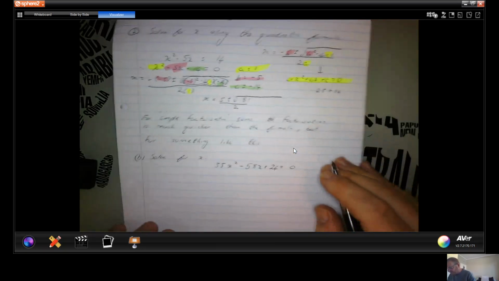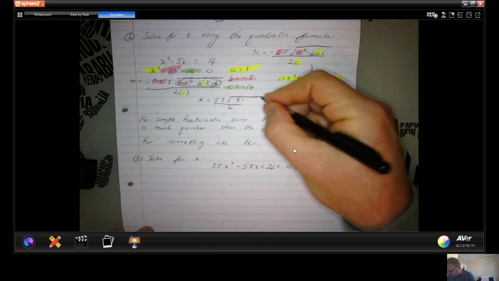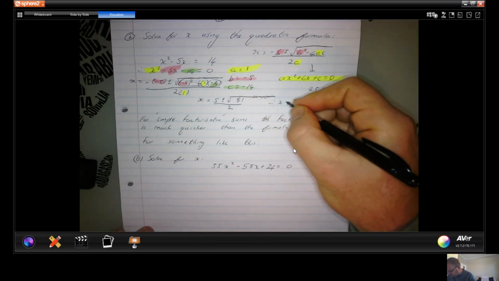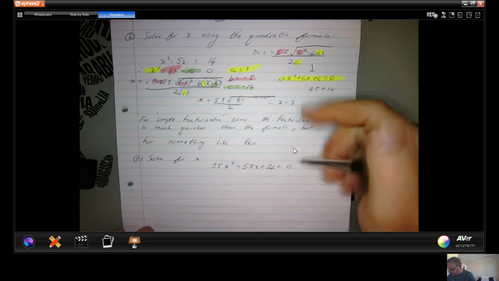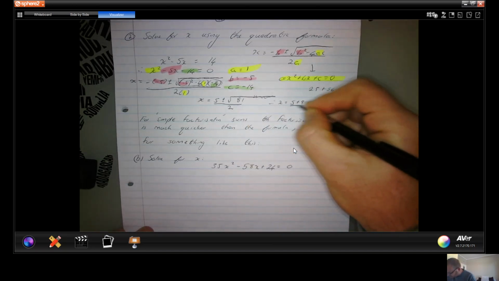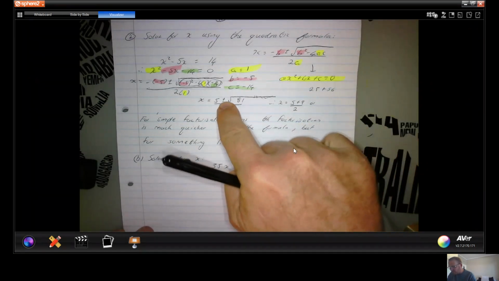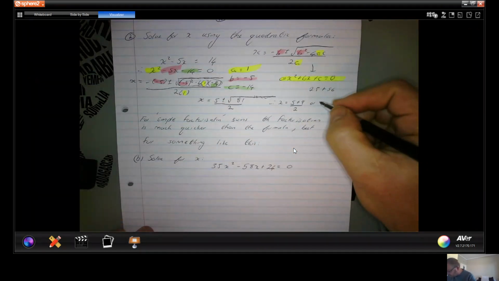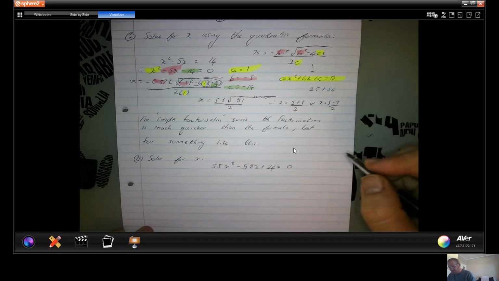So we've got two answers here. Okay, you're going to end up with x is equal to 5 plus minus the square root of 81, which is 9. So you get 5 plus 9 over 2, or the plus minus means plus or minus, or x is going to be equal to 5 minus 9 over 2. Sorry, I didn't leave you enough space here.